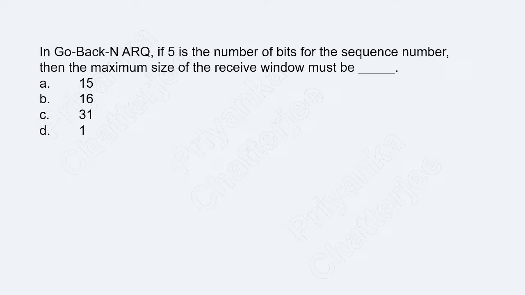Now tell me what will be the answer for this one. Yes, here you are making a mistake. Most of you are making a mistake here. Here 5 is the sequence number bits; what is the maximum size of the receiver window?